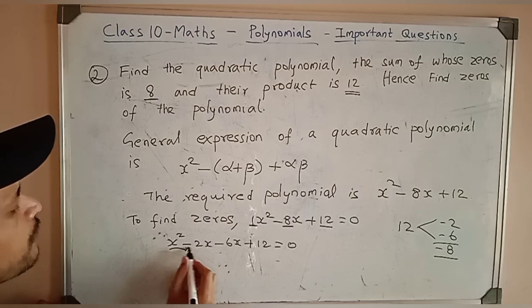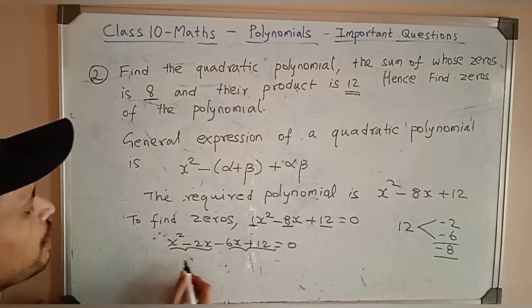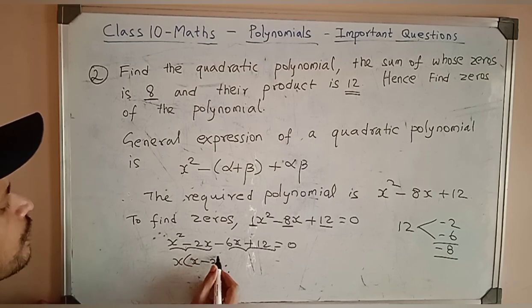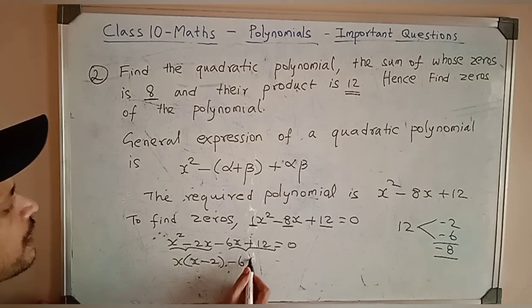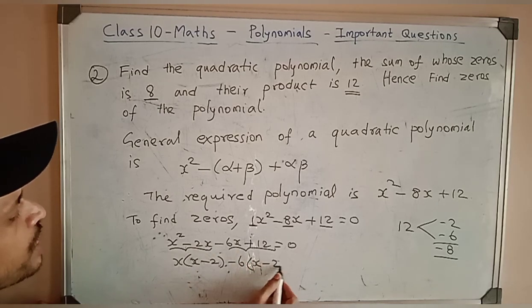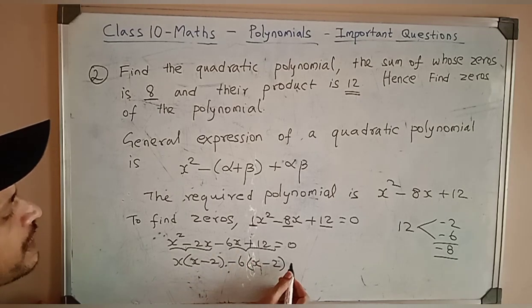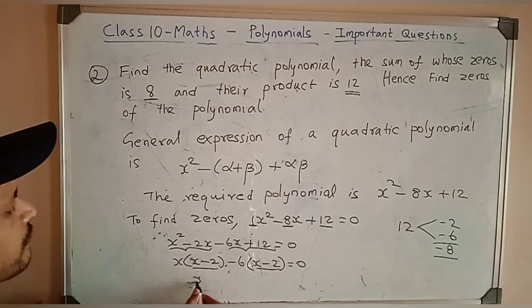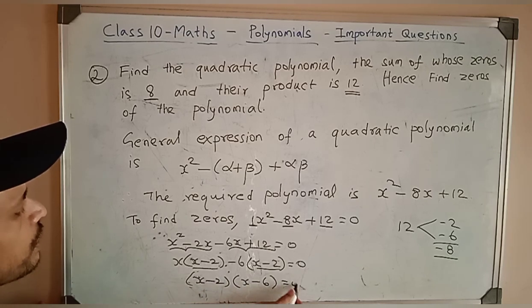After that, taking common factor, x is common here, remaining is x minus 2. Here minus 6 is common, remaining is x, and here minus 6 into minus 2 is plus 12, so minus 2 remains here, is equal to 0. Now x minus 2 is common. Taking x minus 2 outside, remaining is x minus 6 is equal to 0.